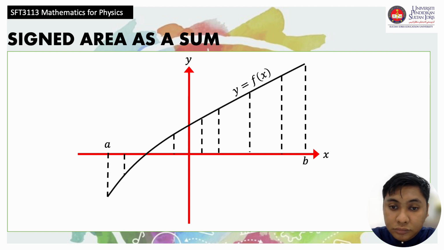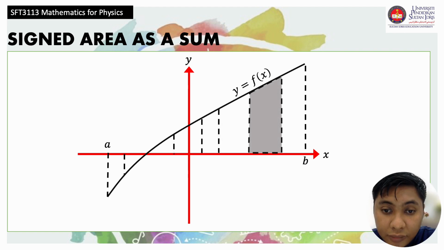The fringes separate the curve from A to B. Actually, we want to find the area under this curve from A to B. But how are we going to find the area? We will split this area from A to B into multiple fringes.